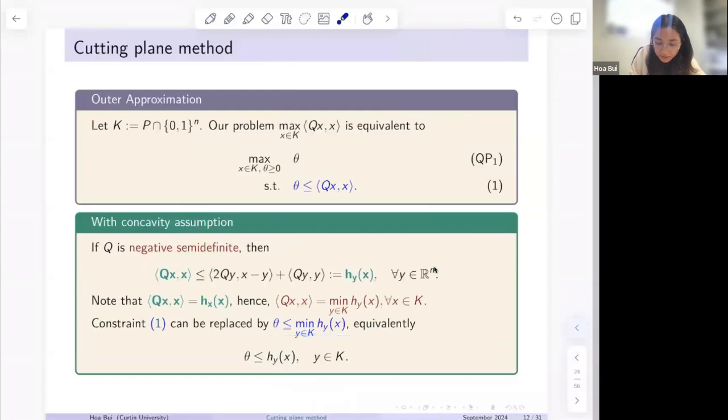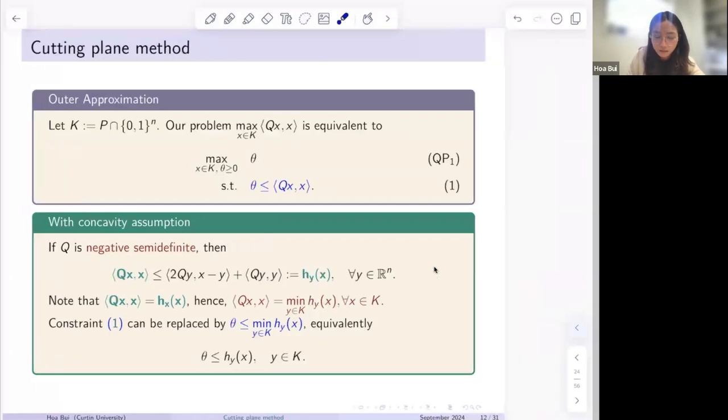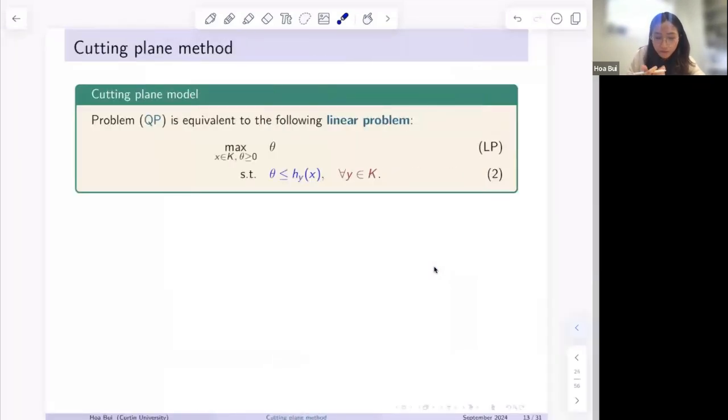And because theta less than or equal to the min of Hy over all y belonging to K is equivalent to theta less than or equal to all of the linear functions constructed at every point y in K, at every x. So with that, we have the problem QP is equivalent to the following linear problem, this one.